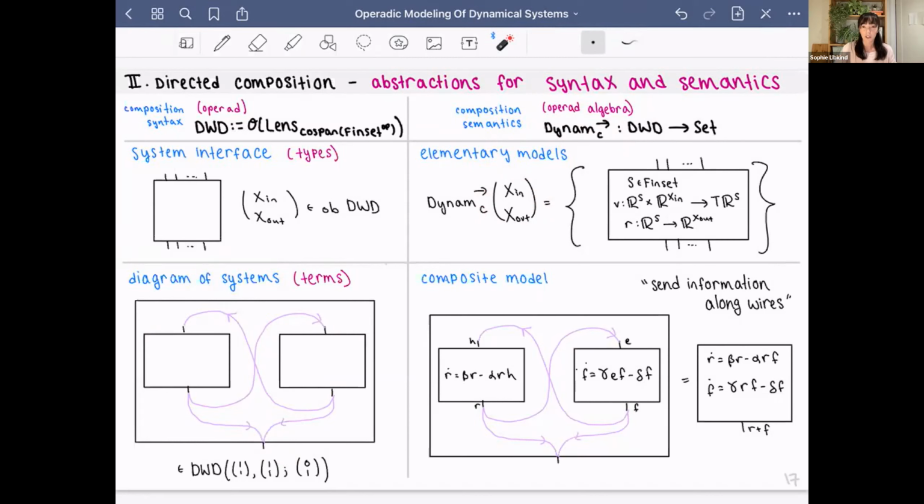And again, we need three things: a finite set of states, a vector field, or parameterized dynamics, so a vector field from the state space and the input space to the tangent space, and finally a readout map. And now the action of the operad algebra on terms tells us how to compose models, and it follows the slogan, send information along wires. So this is the mathematics of directed composition. You can read about it in more detail in our paper.